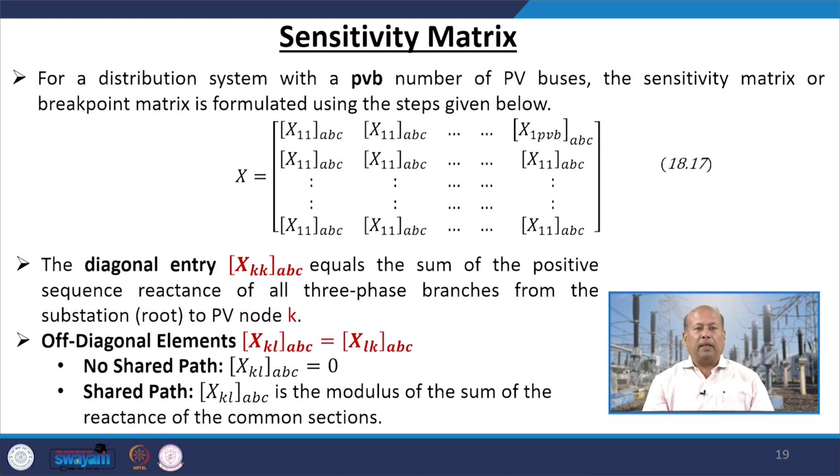The diagonal entry of X equals the sum of the positive sequence reactances of all 3-phase branches from the substation route to the PV node, and for off-diagonal elements, that is XKL ABC, which is XLK ABC, if there is no shared path, then x ABC equals 0, and for a shared path, x ABC is the modulus of the sum of the reactances of the common sections.